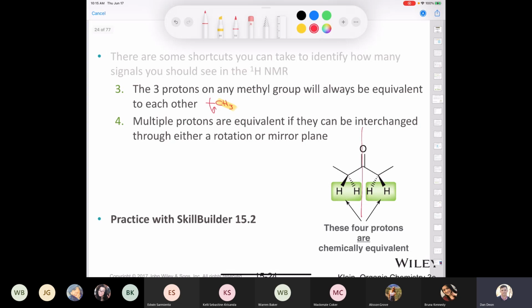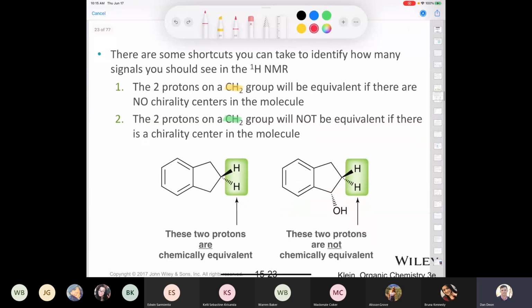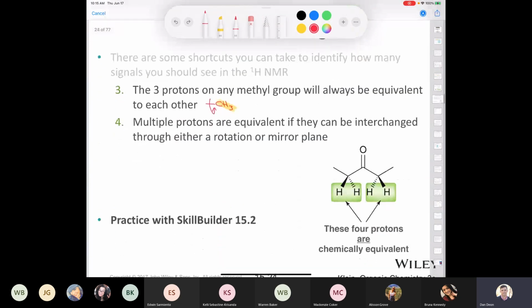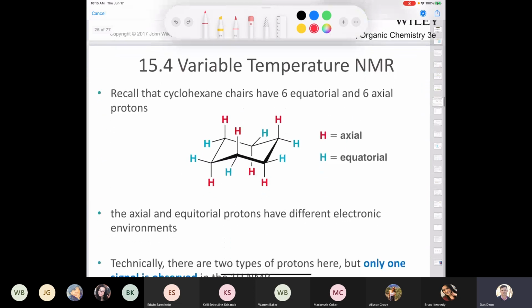So you need to familiarize yourself with these four rules in order to determine how many signals are in an organic molecule. And if you go to the practice problems in our textbook, there are all kinds of great problems that help you identify: are these protons homotopic, enantiotopic, diastereotopic, and therefore are they chemically equivalent or non-chemically equivalent?